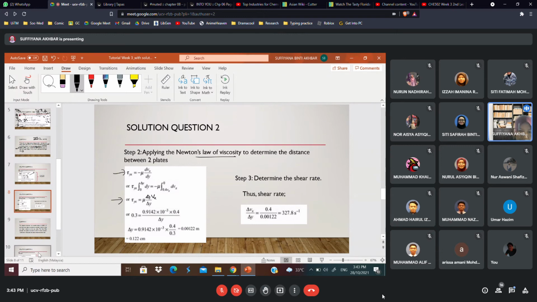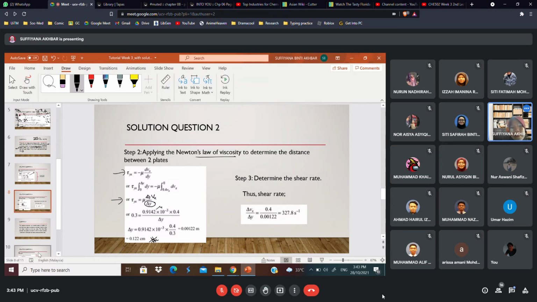Our target is to determine delta y, so rearrange this equation. Substitute all the values given: this is the viscosity, this is the velocity difference, and 0.3 is tau yx. So delta y is equal to 0.122 centimeter.